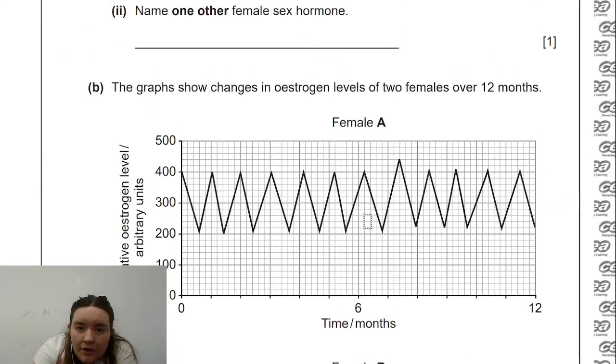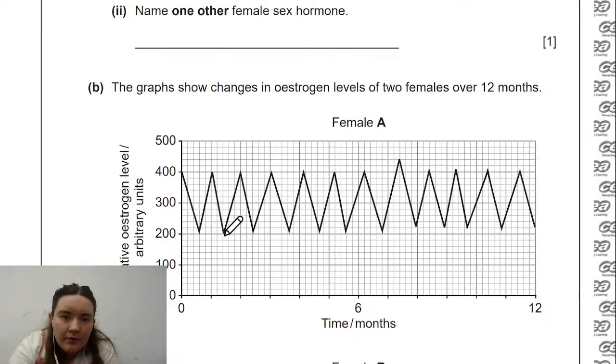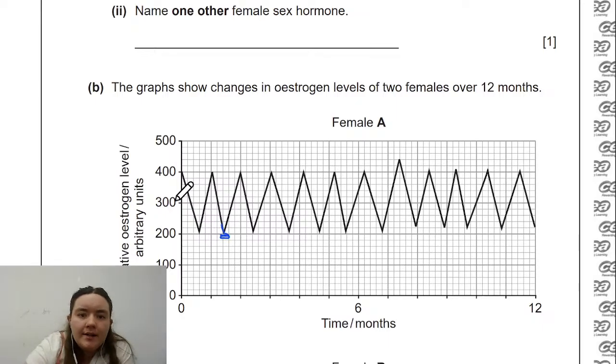So for the range, we want to look at the lowest level for female A, which appears to be about 200. I don't see anything less than 200. It would be easy then to leave that there and then read off 400 as the top.